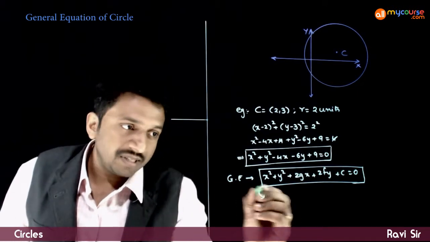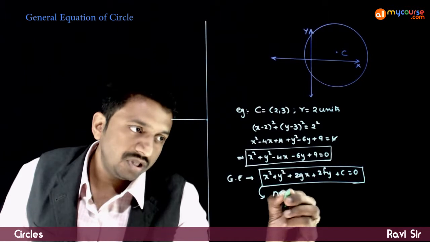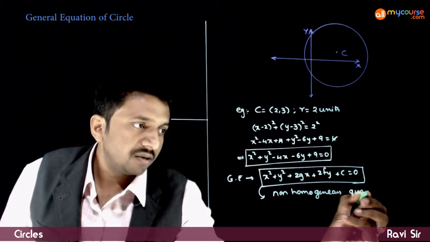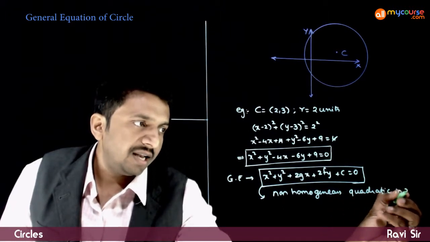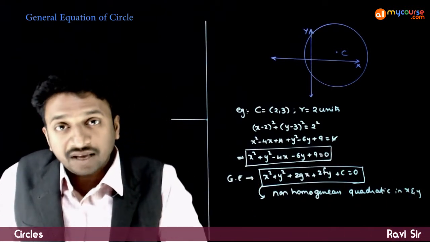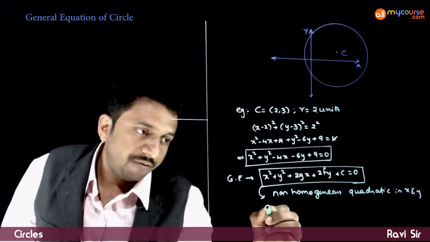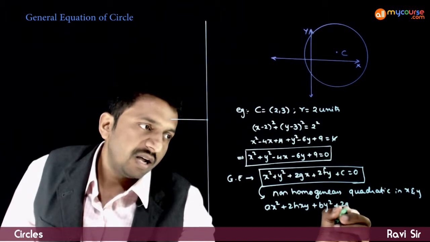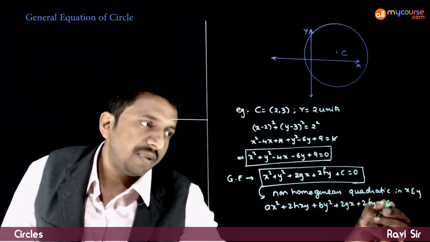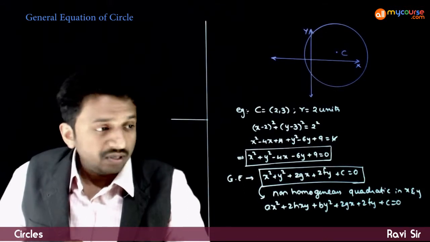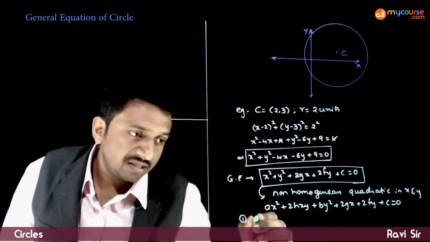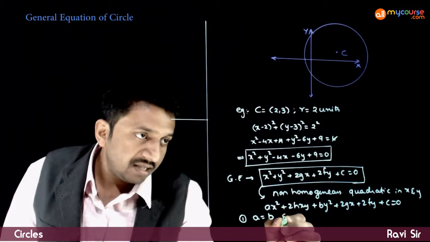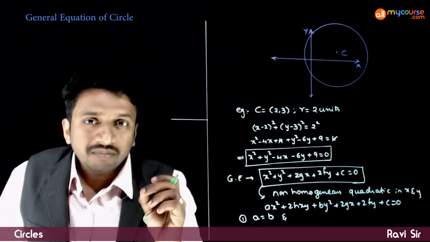So the general equation of a circle is a non-homogeneous quadratic in x and y, as we have seen in the previous topics, of the form ax² + 2hxy + by² + 2gx + 2fy + c = 0, where the first condition is that the coefficient of x² and the coefficient of y² have to be the same, and as you can very clearly see, the xy term is missing.